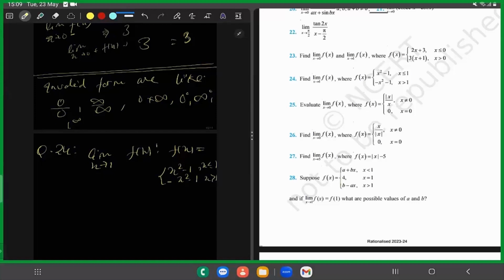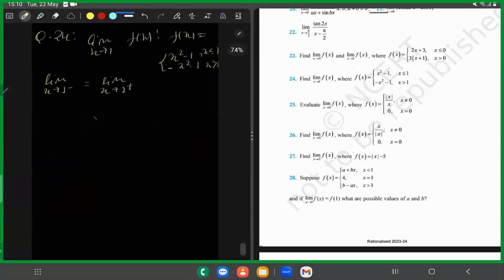By the limit, what do we mean? Basically we mean that limit x tending to 1 minus should be equal to limit x tending to 1 plus. So this is what we mean by the existence of the limit. Okay, so this value comes from putting x equal to 1 in the definition for x less than or equal to 1, because x is tending to 1 minus.